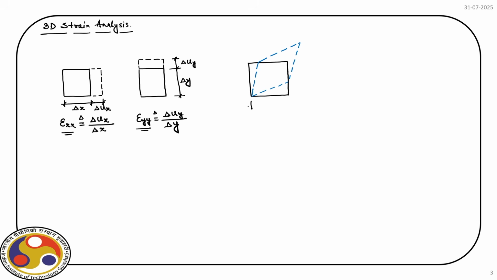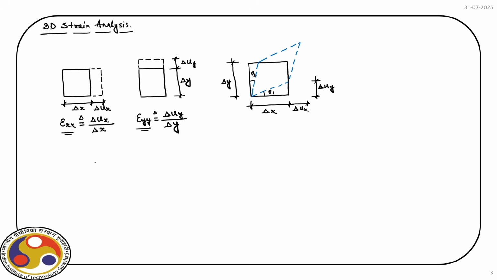So, we have the dimensions delta x, along the vertical direction we have delta y, then there is angular deformation here say theta 1 and here say theta 2, and along this direction the deformation is say delta u x, and along this direction we have a deformation say delta u y, right.